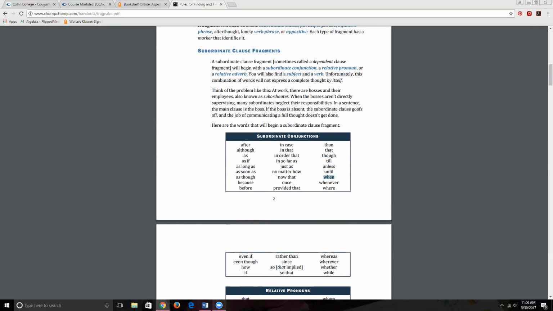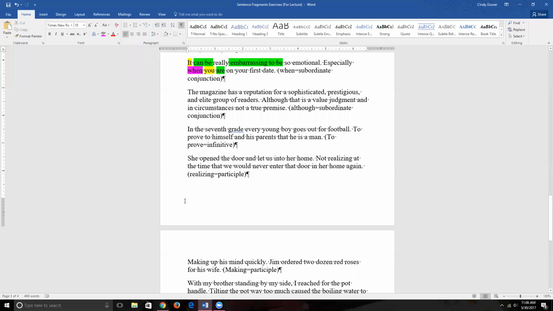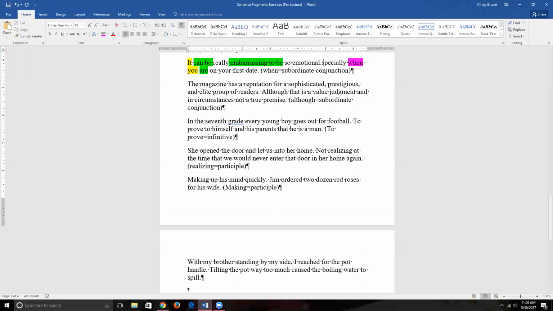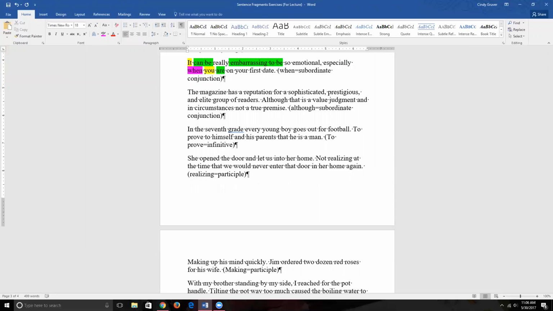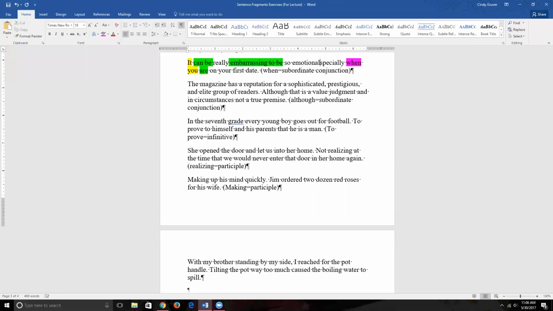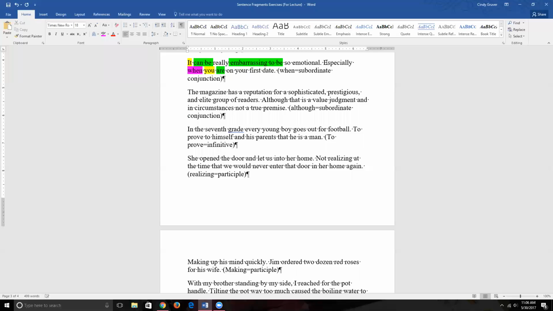So that makes this a clause that needs a main clause in order for it to function. One way to fix this is to attach it to the earlier sentence. That's approach 1. Let's look at approach 2. Well, actually, we don't have approach 2 because we don't have a second sentence. Let's look at making this stand alone.